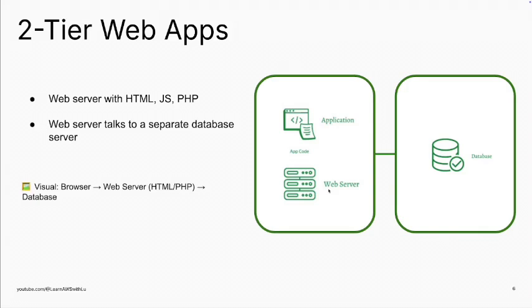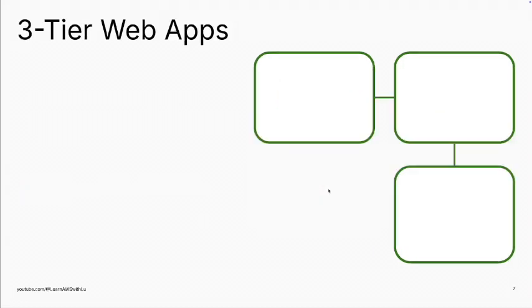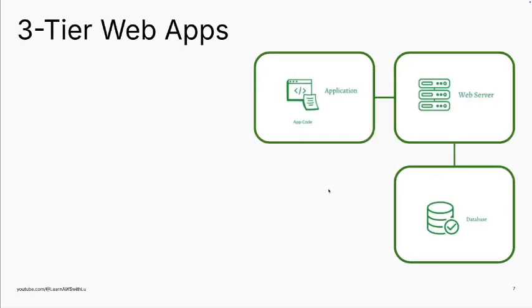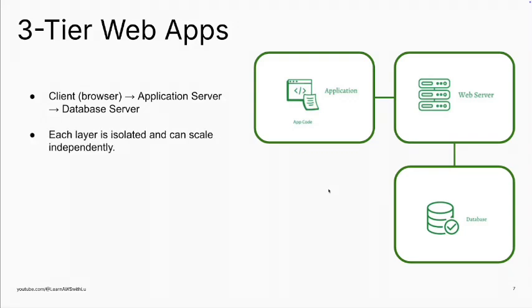Usually everything happens from your browser's point of view, whereas the 3-tier is where your browser holds the web application, the interface, that's the HTML and JavaScript part of the application, and your web server will probably hold the Node.js or PHP or JSP, ASP as the case may be, and each layer is isolated and can scale independently.